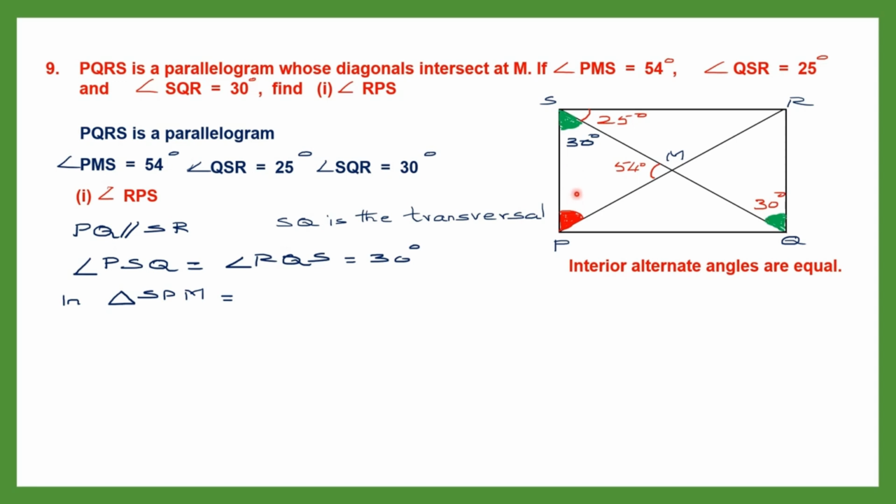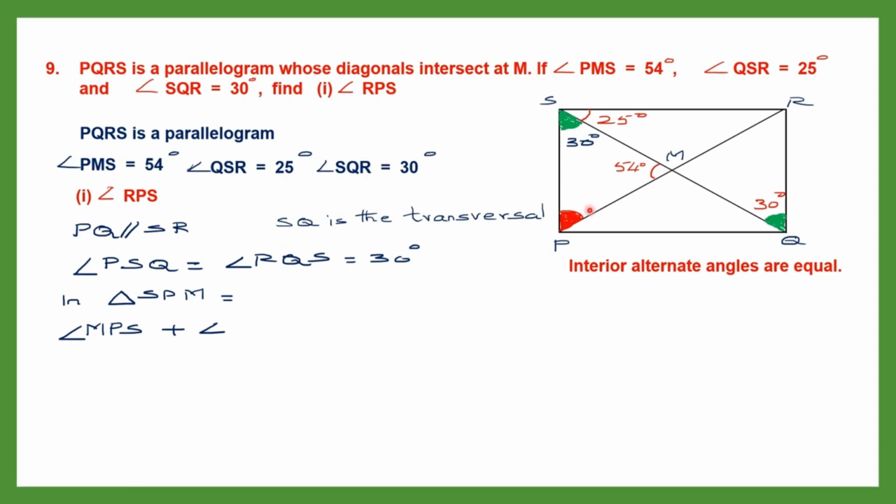So we are going to find angle RPS. Let's write that down. In angle SPM, angle RPS plus angle MPS, RPS is what we're going to find out.